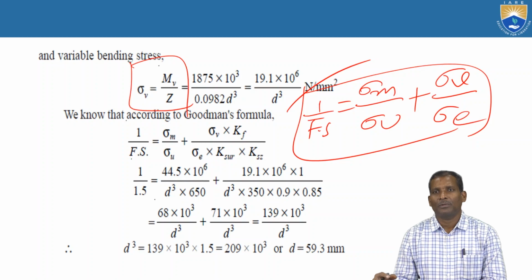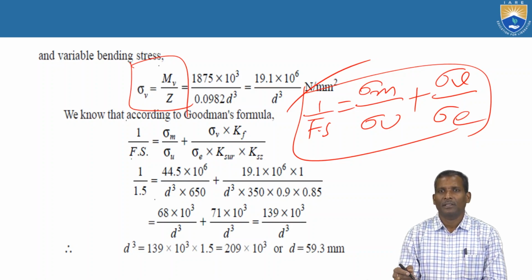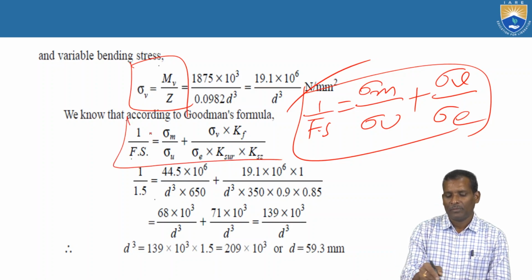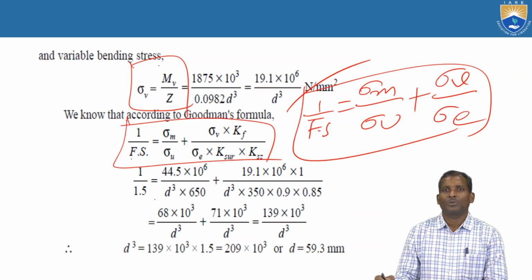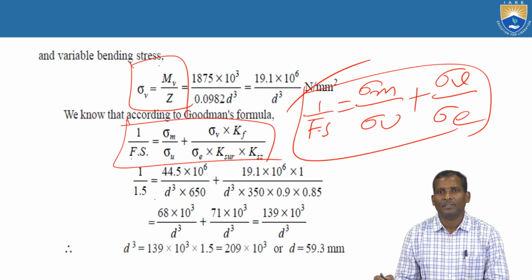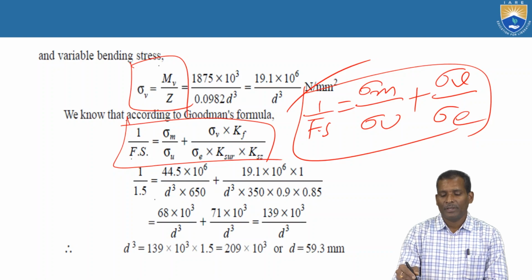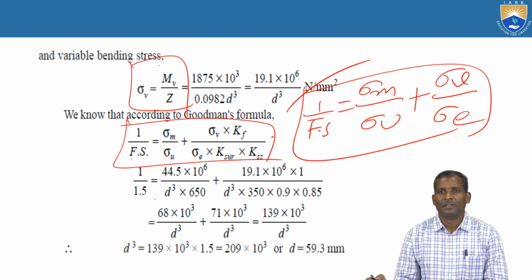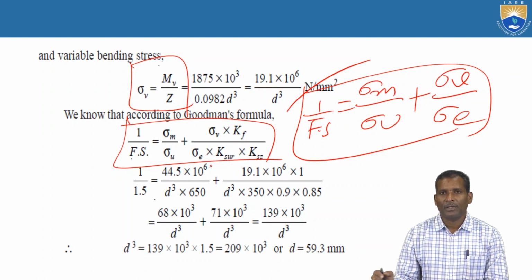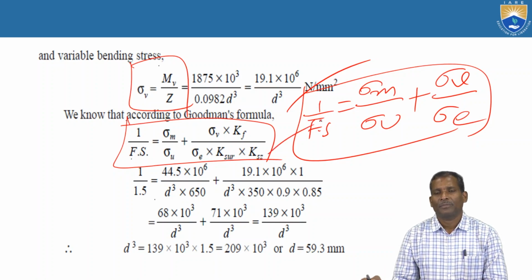Here in this problem all these factors are given, so we need to apply the factor values, and you may write the equation like this: 1 by factor of safety is equal to mean stress upon ultimate stress plus sigma v into k fatigue stress concentration factor by sigma e into k surface finish factor and size factor.